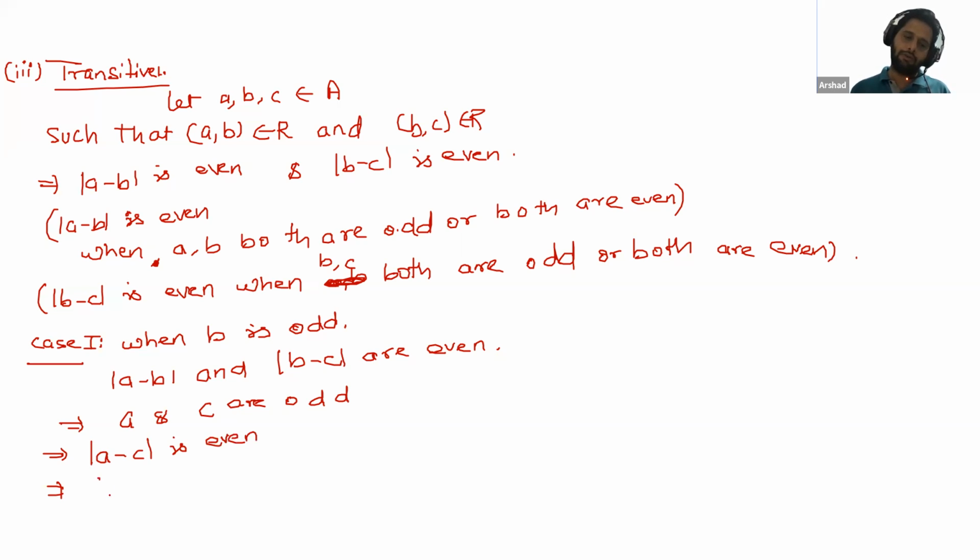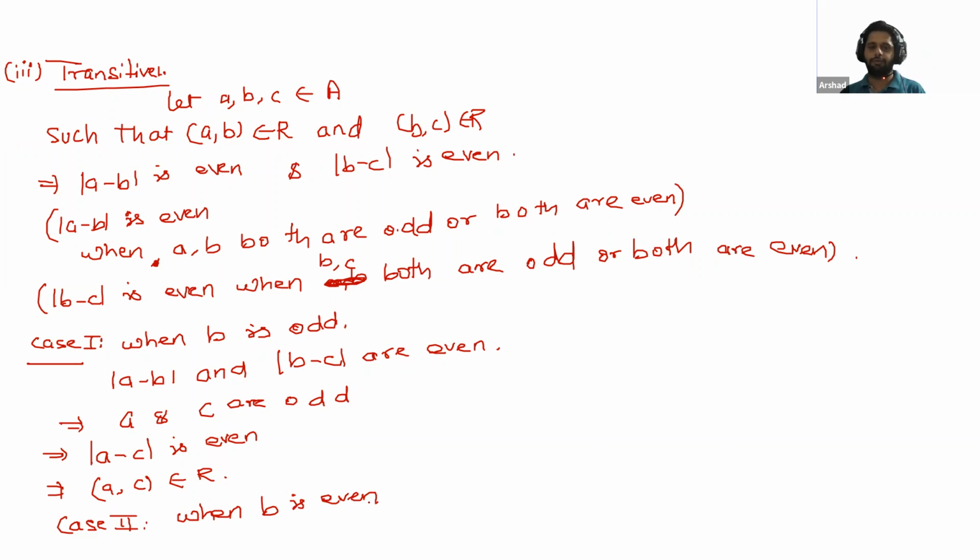This implies A comma C belongs to the relation R. So we have divided this into two cases. First, when B is odd, and case 2, when B is even. The same steps we will write in the second case. Please note down this complete one. Then we will do the last case and then this is over. Please complete this and let me know, then we will start the next case.